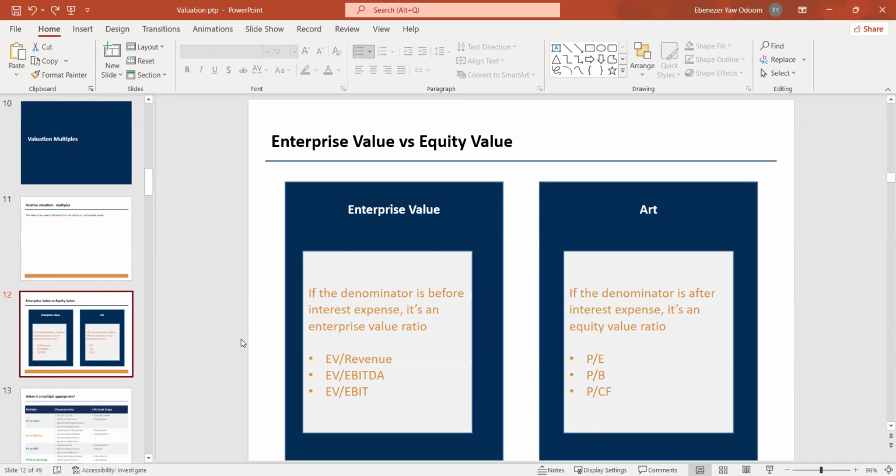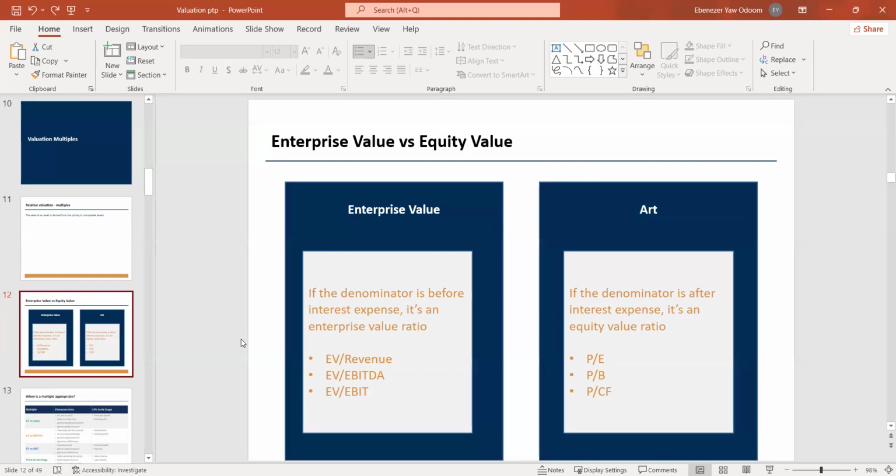Now, for enterprise value, we have some multiples that are termed as EV multiples or enterprise value multiples, right? So if you know the typical business's financial statements, you know that we have the gross profit level, we have the EBITDA, EBIT, and profit before tax, and then we have profit after tax.